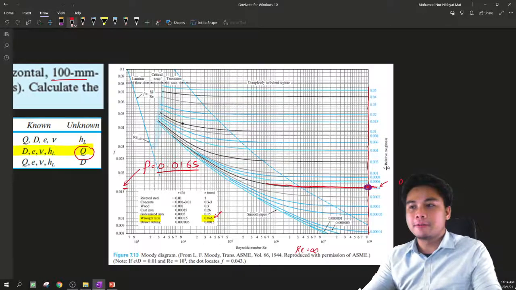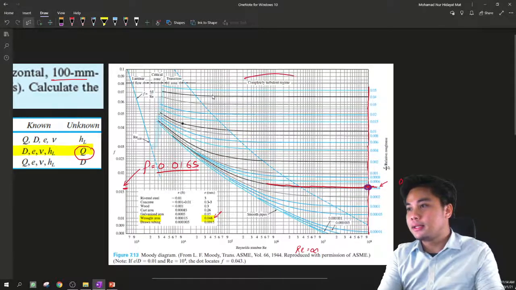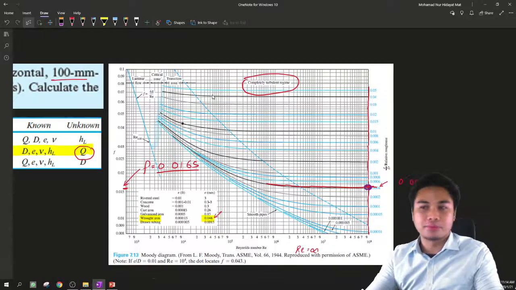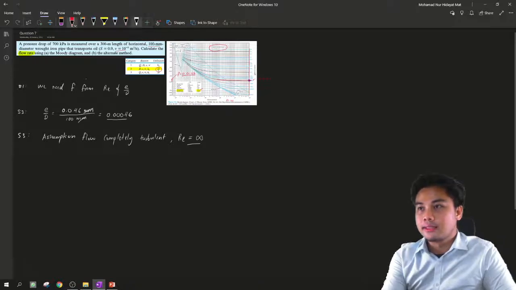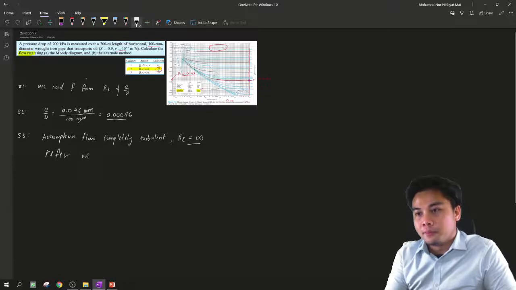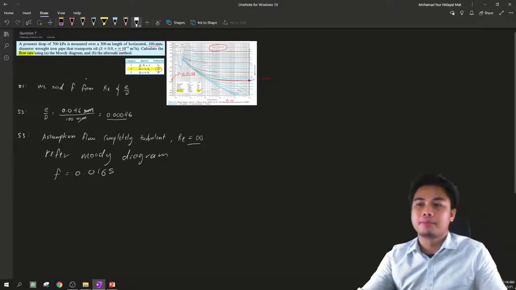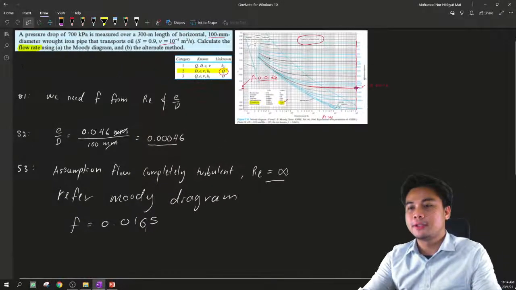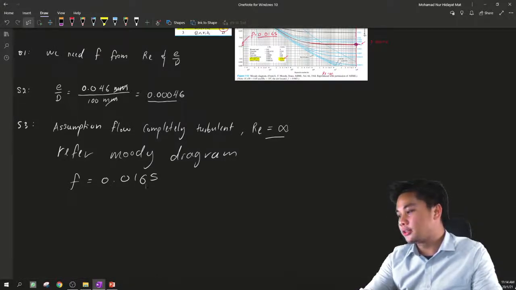So our friction factor, based on our assumption of completely turbulent flow, in this region, referring to the Moody diagram, is 0.0165. From this friction factor, we can get the head loss.